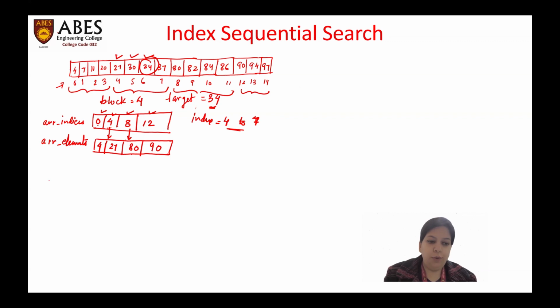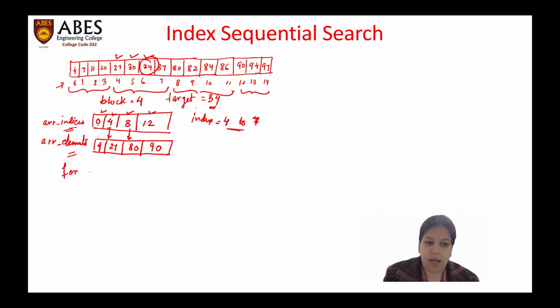Now, in order to make a pseudocode for this algorithm, we can say that the first task is to create the array of indices and the array of elements, right? So for this, we are going to start a loop.